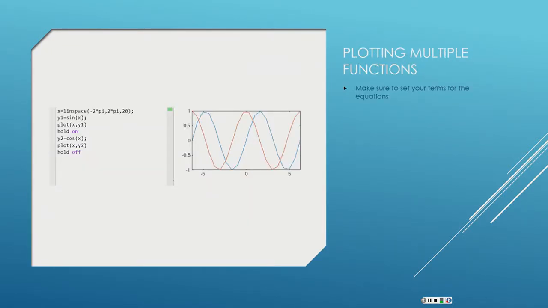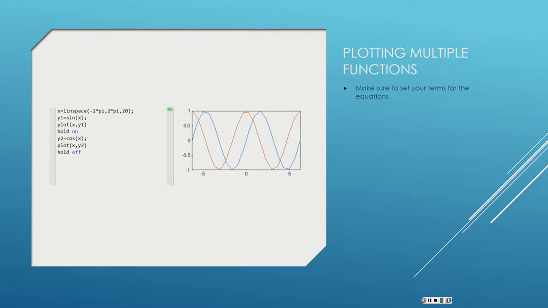So here I did multiple functions. I defined my x's from -2 pi to 2 pi, and then my 2 variables were sine of x and cosine of x, and you define each one at a time. So I did plot your x and then your y1, and then you do hold on to say that you're going to add some more, and then you type your y2, and plot your x and your y2, and that'll plot it.